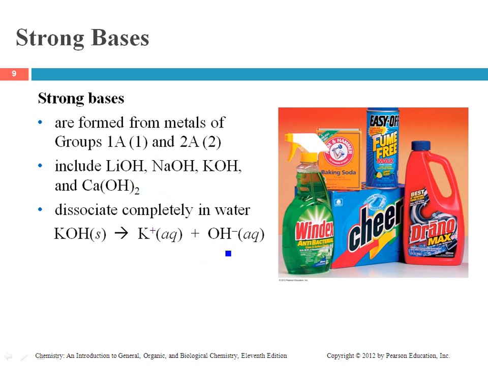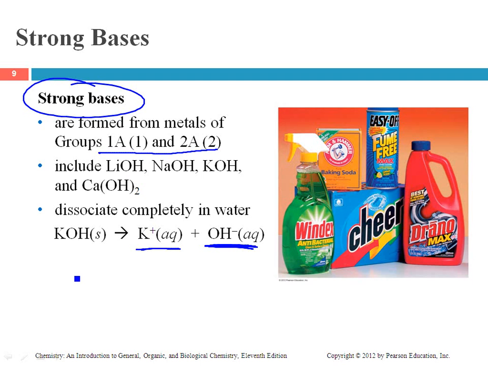As for bases, there's not really a list that I will give you because these are a little bit easier. Basically, when you form metals from group 1 or group 2 on the periodic table with hydroxide, this includes lithium, sodium, potassium, calcium, they will dissociate completely in water to produce the ion of the metal and hydroxide.